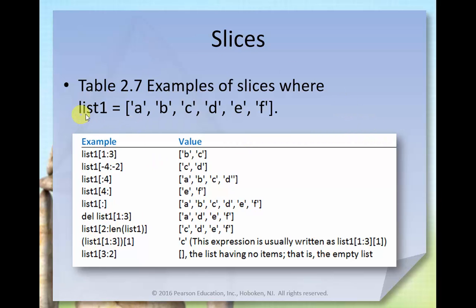So here's a list, list 1. We have 1, 2, 3, 4, 5, 6 elements in here. So if we specify what are the elements occupying this range, those would be the values of B and C. Again, using the negative notation, it starts from the right, moving to the left.